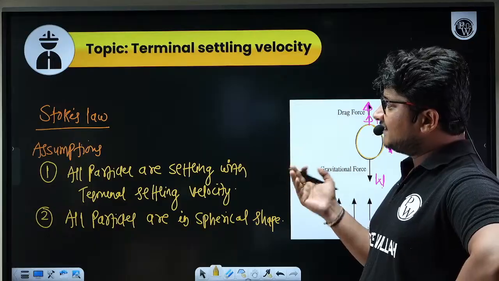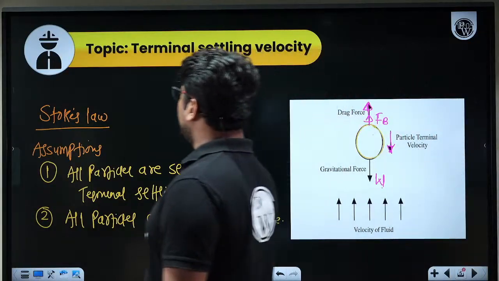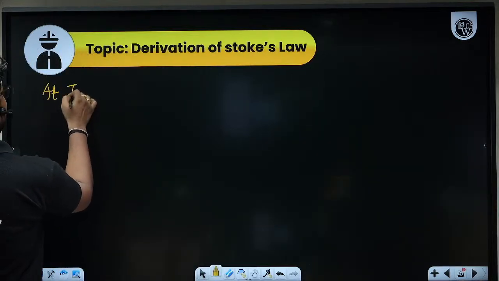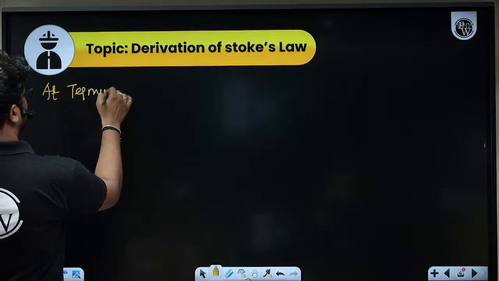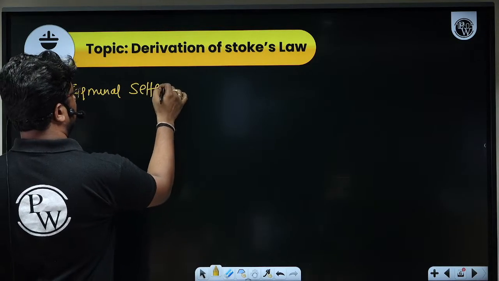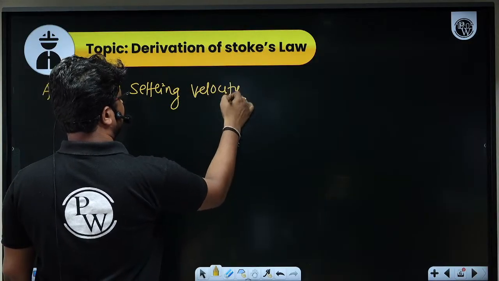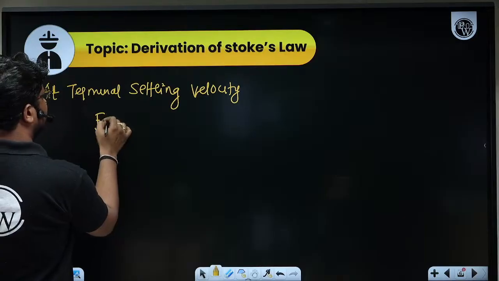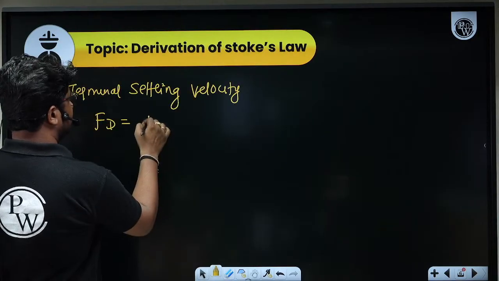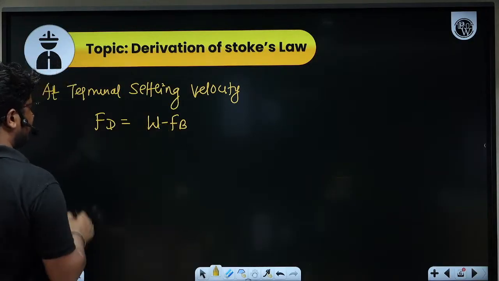Now, as I said, it is following the terminal settling velocity. So if you want to derive it, the condition at terminal settling velocity is that the drag force will be equal to W minus FB. This is what we call the submerged weight.